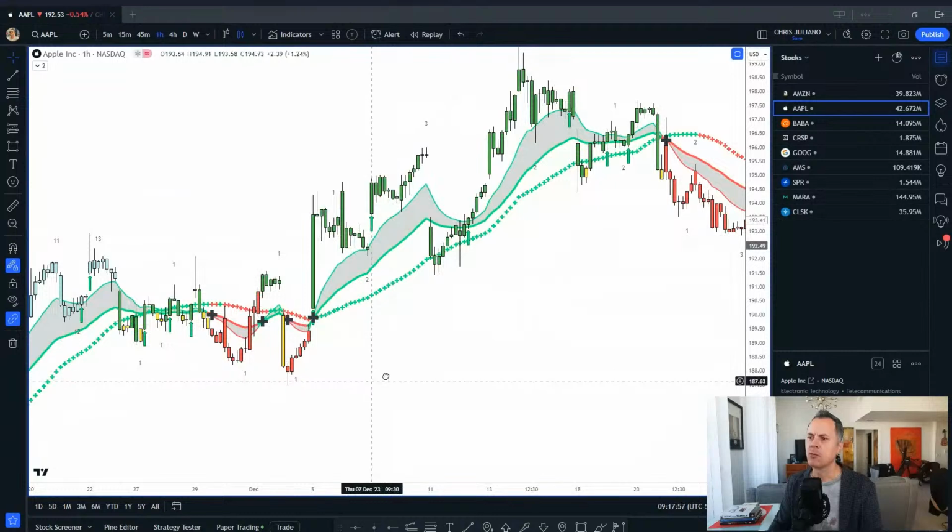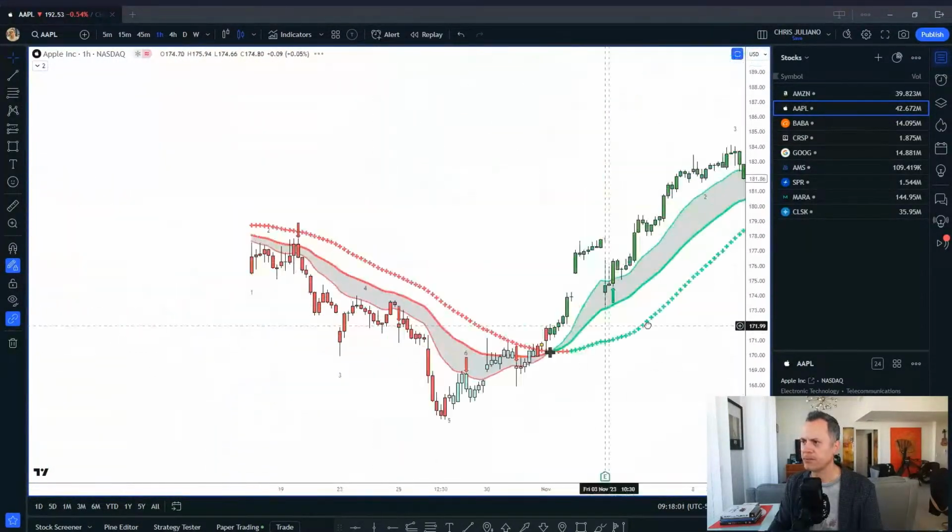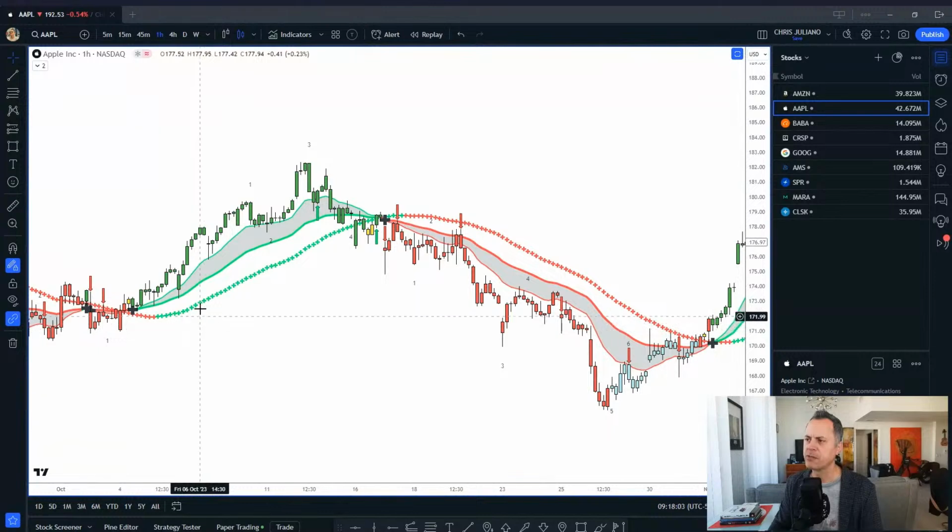If we go back here, we can see Apple is going up, and we get the crossover to the downside. So we know at this point, Apple is on sale.